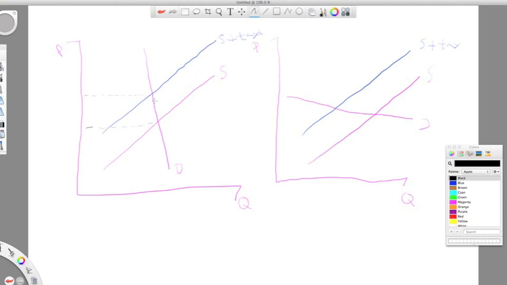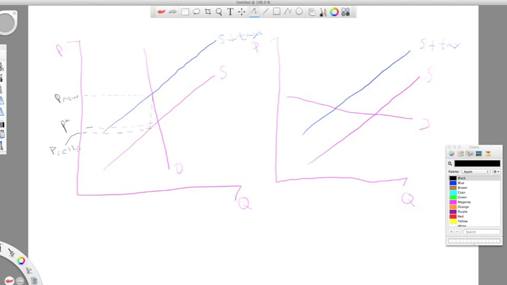Way up here. Remember that we can always find the amount the seller actually receives by dropping down from the new price until we hit the supply curve. So I have the original, call it P star, I have the new one up here that the buyers pay, and then I have this one right here, which I'm going to call P seller.